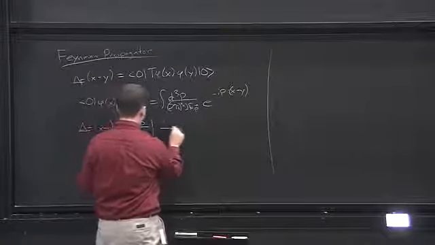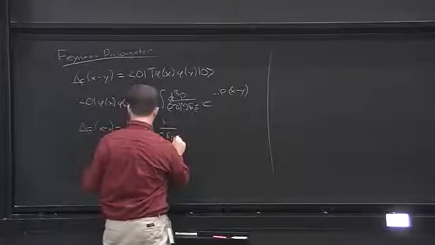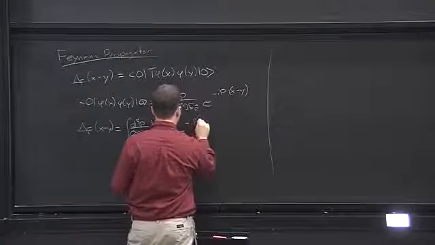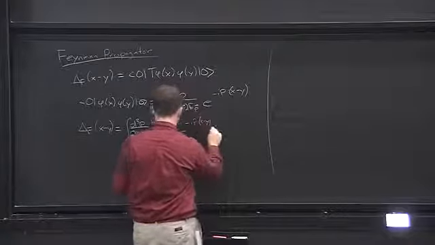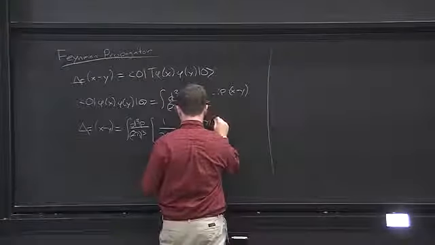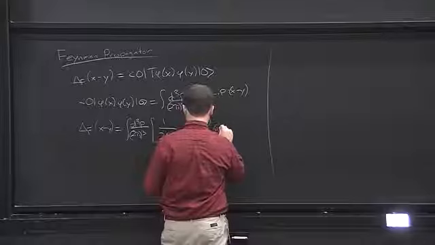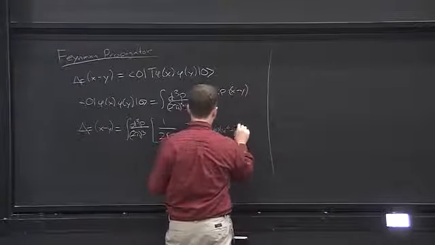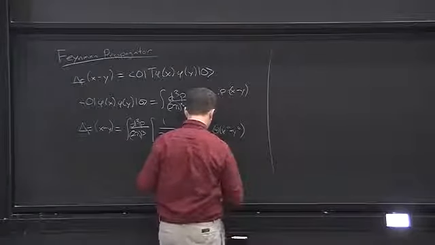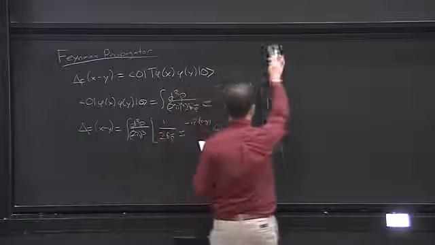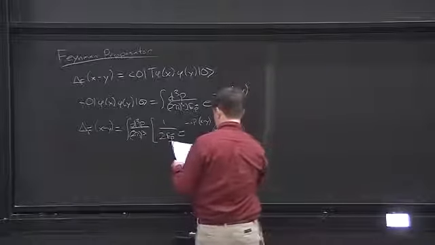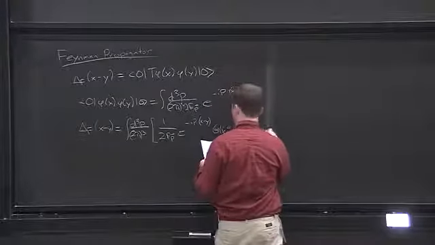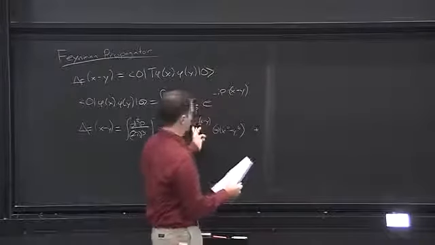We get this term if x naught is greater than y naught. And we can also write it, I'm going to write it in a slightly funny way, the other term. The other term should just be the same thing with x and y flipped.